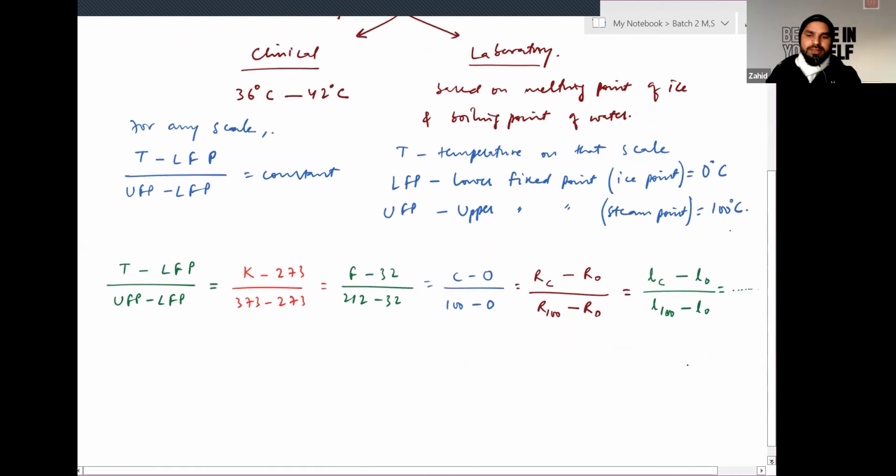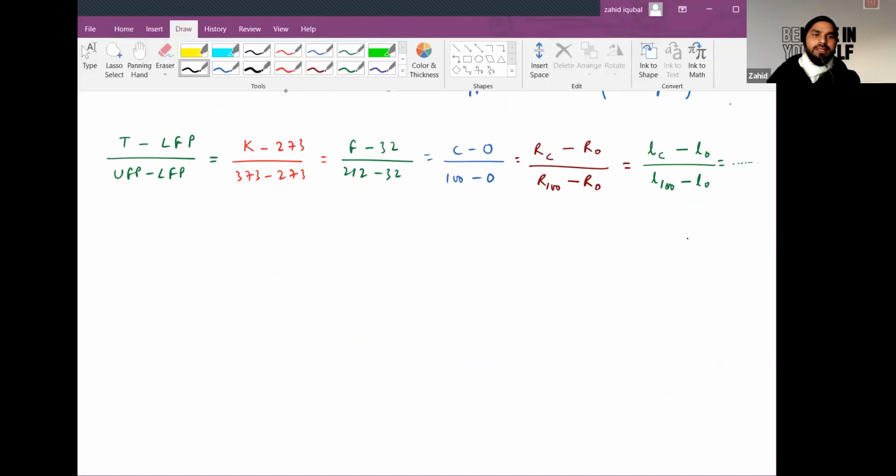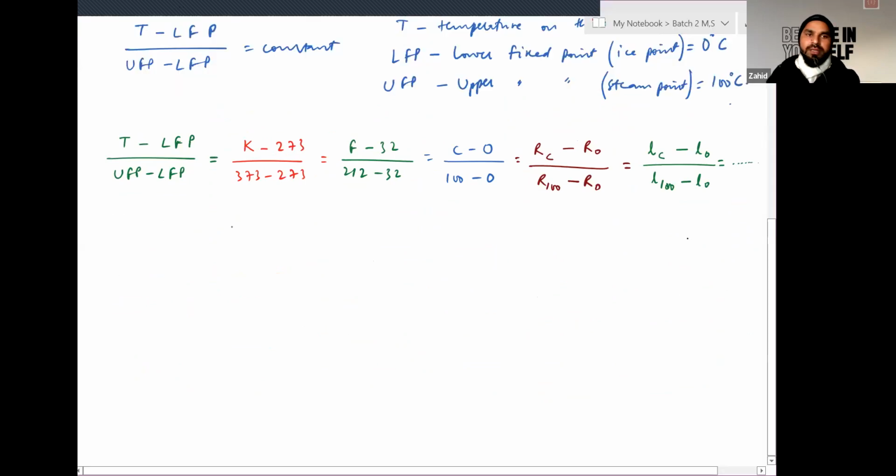So first question related to this part will be: find temperature at which reading of Kelvin and Fahrenheit is numerically equal. Find temperature at which reading will coincide.